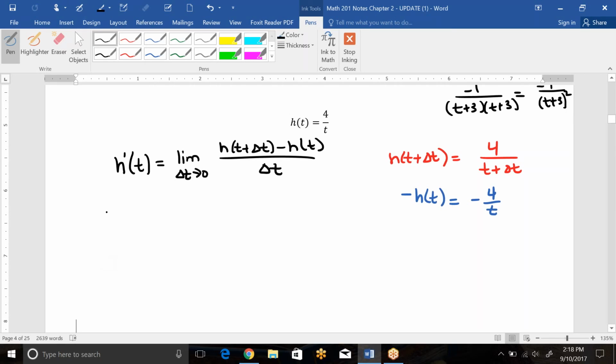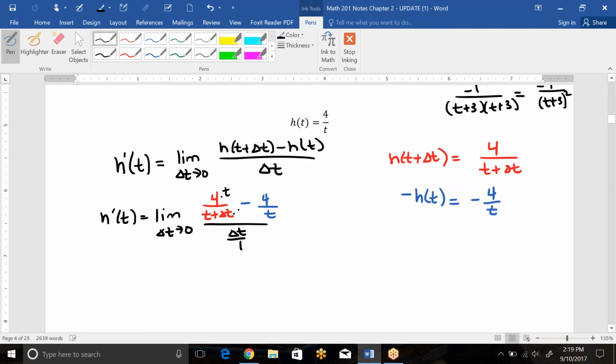So then we come back over here and we write it in our fraction. So on top I have 4 over t plus delta t minus 4 over t all over delta t over 1. Same idea here, we're going to get a common denominator.